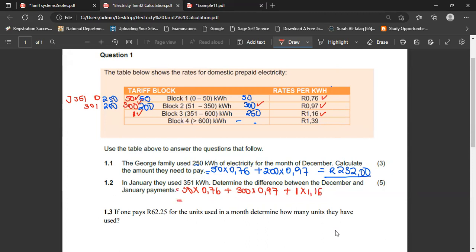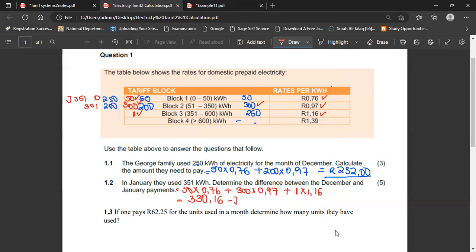Multiply everything, as you add. So we add and we get the value as, you see? So this is the money, this is January.